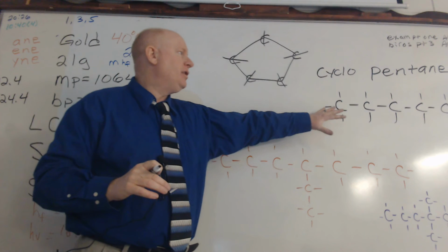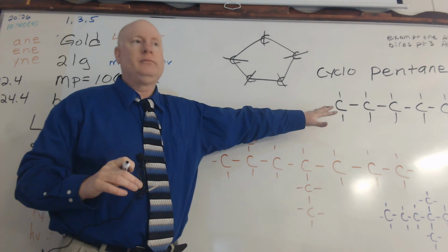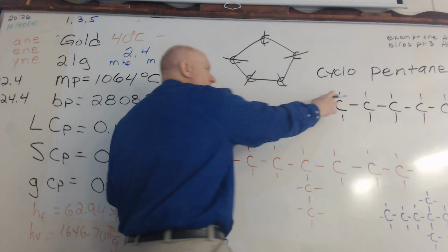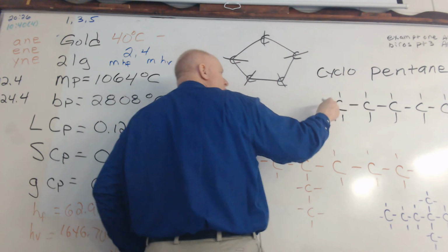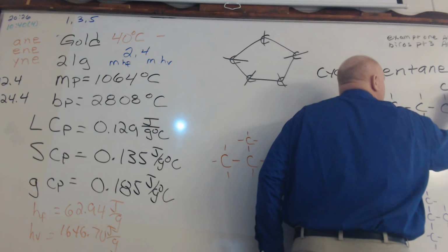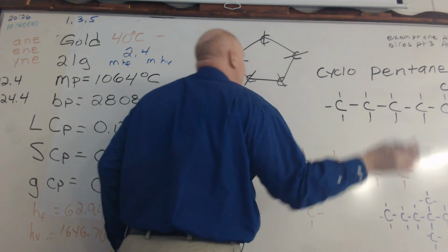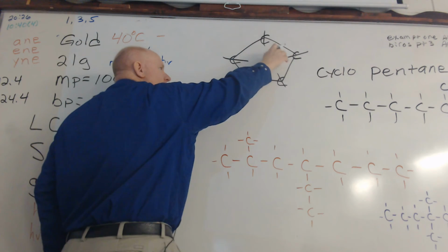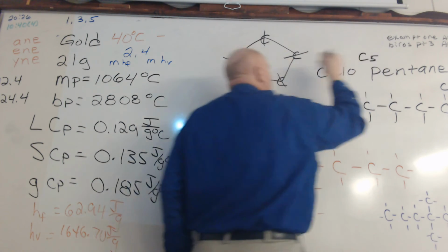How many hydrogens are on this compound? 12. There's one above, one below. 5 times 2 gives you 10. You count the ends. Okay? So the formula is C5H12.